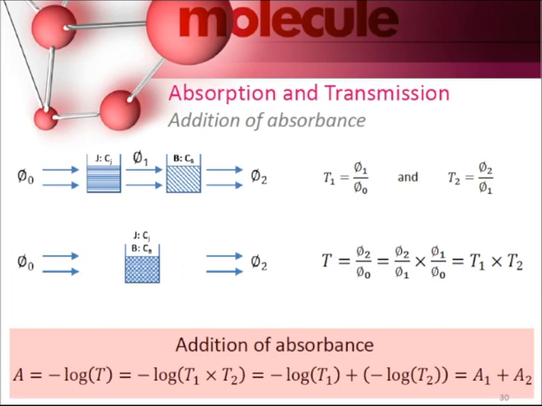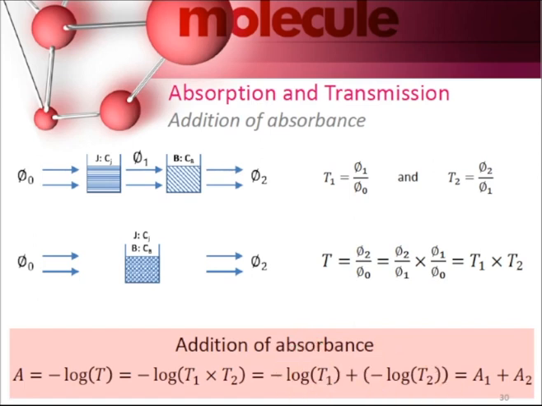So, as I said before, A can be written as log 1 over T, which is equivalent to minus log T. It's the log rules, if you inverse the ratio. So it's minus log T1 times T2 for the mixed solution. If you do the log rule of multiplication, then this can be written as minus log T1 plus minus log T2, where this is the absorbance of solution 1, and this is the absorbance of solution 2.